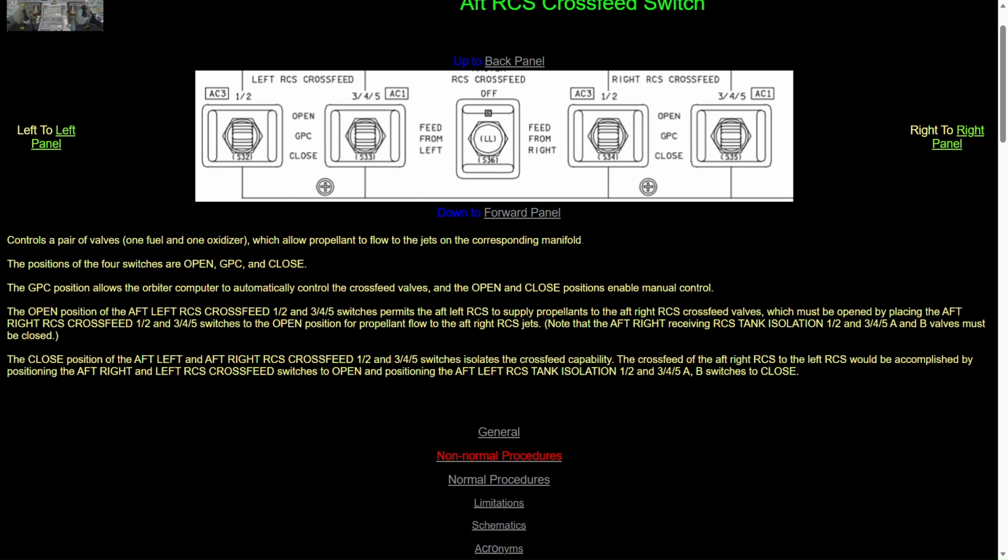So what you're doing is you're moving from here, you open it up, and then you move it around, and then you open it up over here to go into the left RCS crossfeed. This is a little complex, but it's basically opening these valves and then opening this RCS crossfeed. What that's going to do is allow the flow of it.